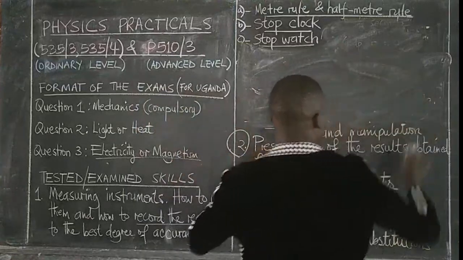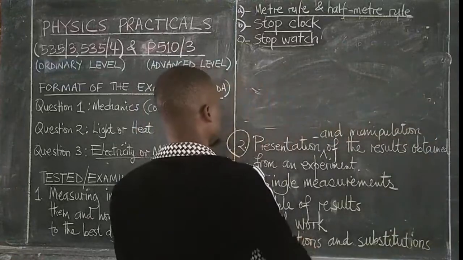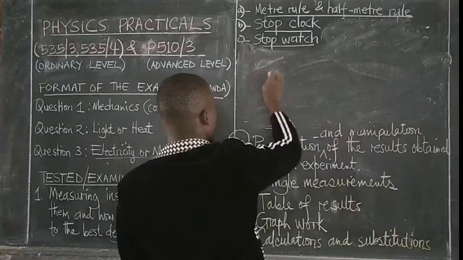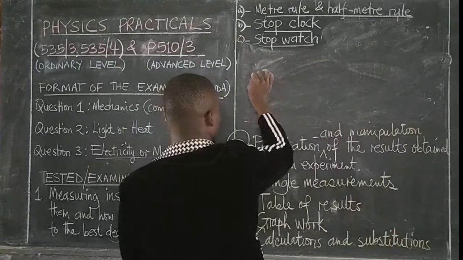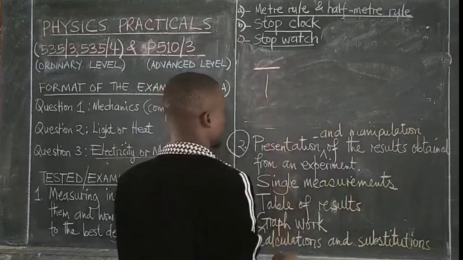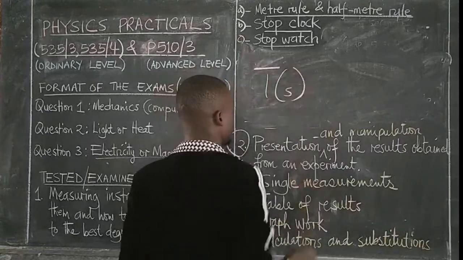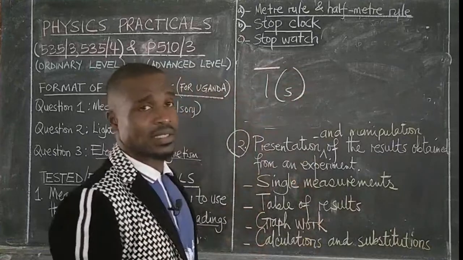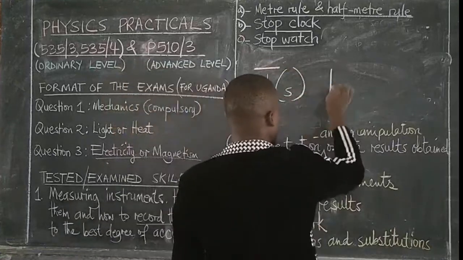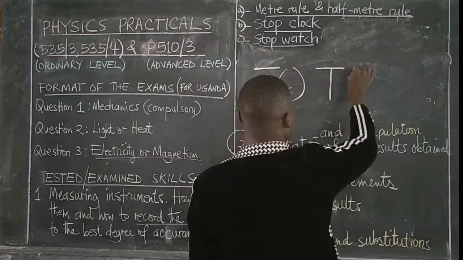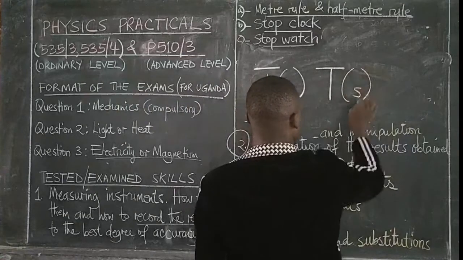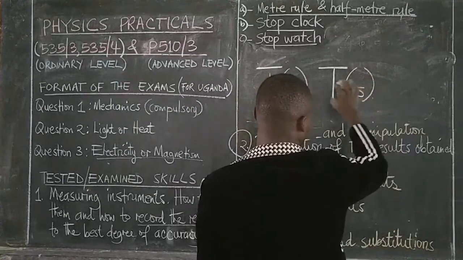And then the other one is the T. Capital T, T in seconds. They're writing the period. This is not T. Write capital T properly. In seconds, this is a small s.